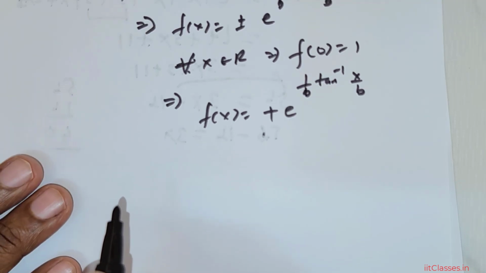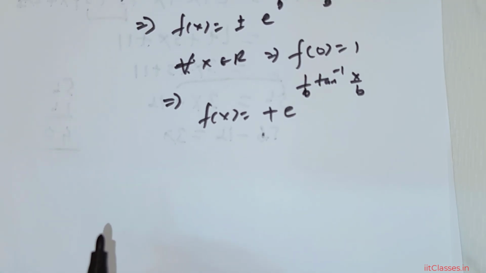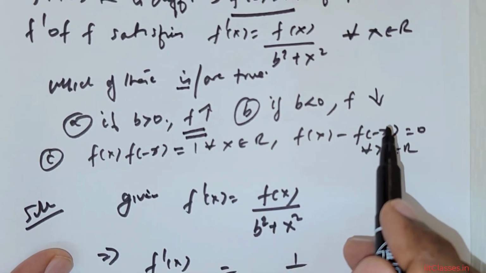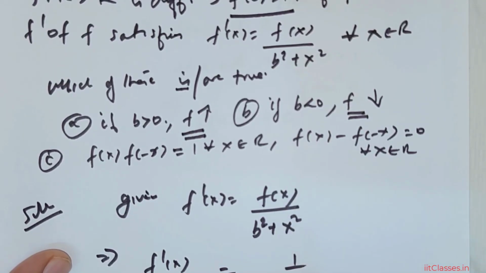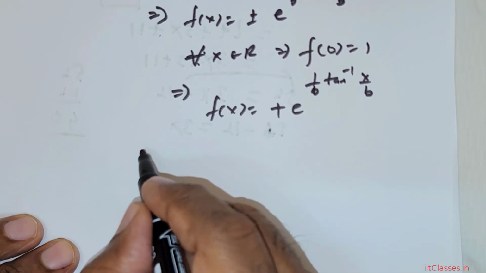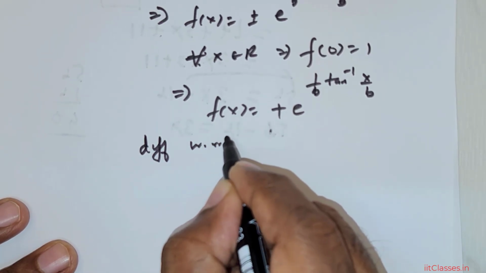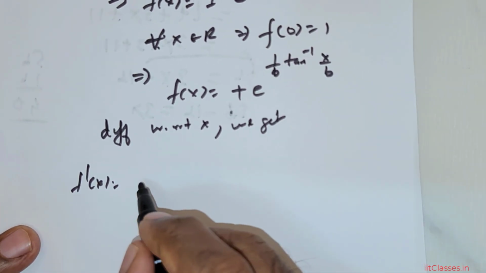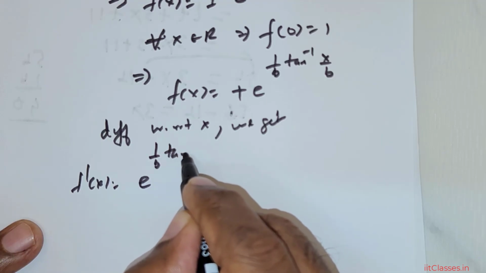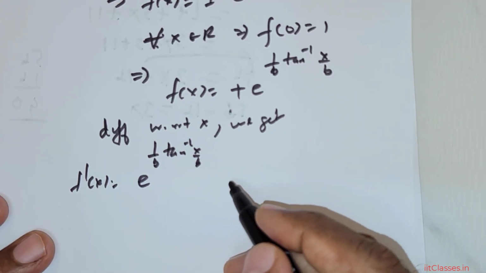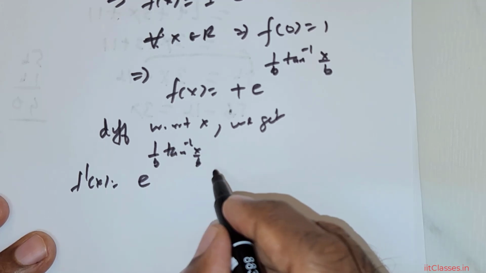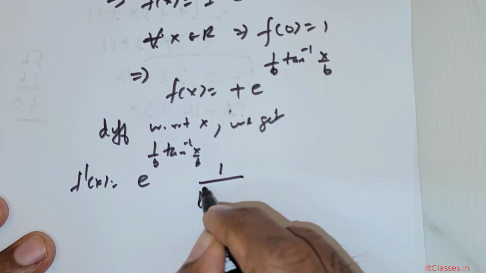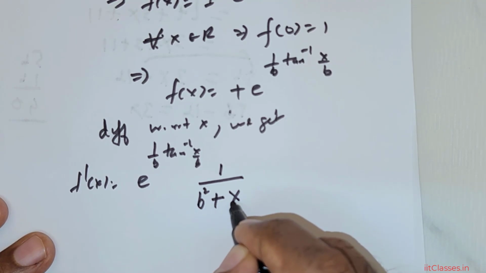Now we have to locate the choices. For locating the choices, we have to find out if f is increasing or decreasing. So for that you differentiate this with respect to x. We get f dash of x is equal to e raised to the power of 1 over b tan inverse of x over b times the differentiation of tan inverse of x over b, that would give us 1 over b squared plus x squared.